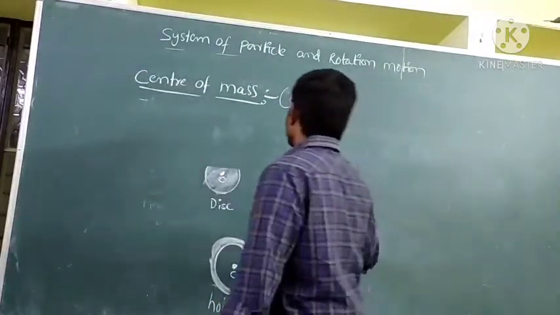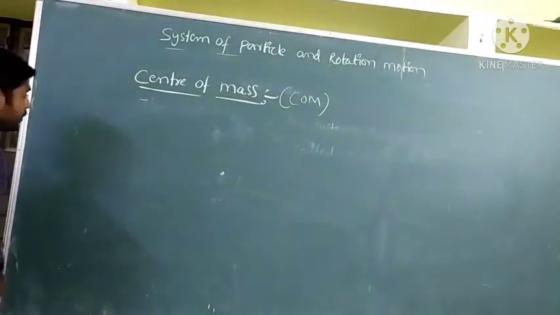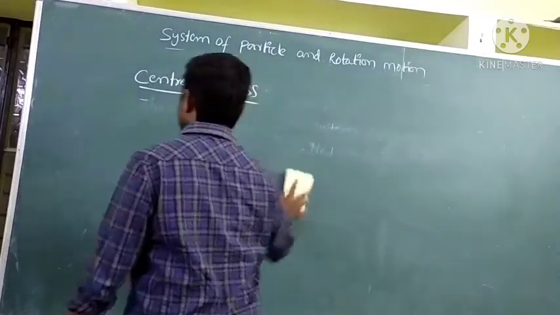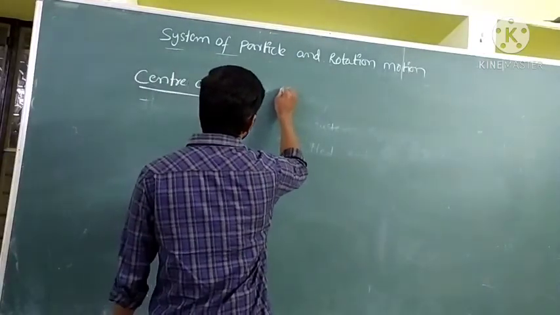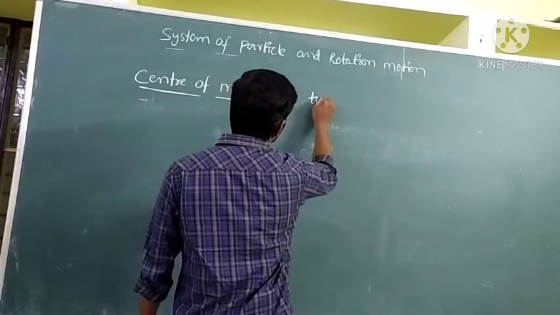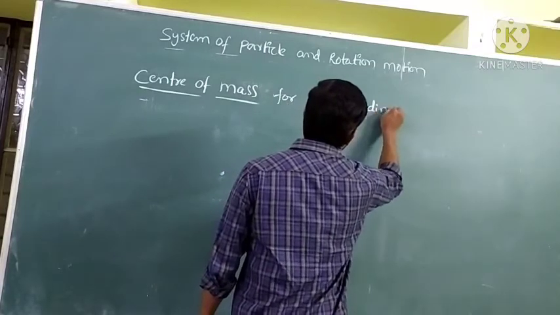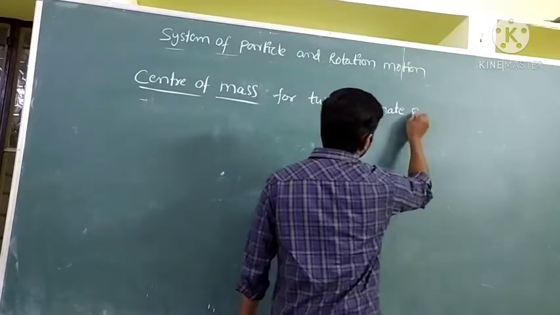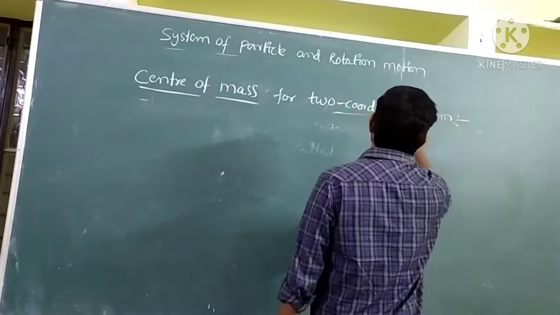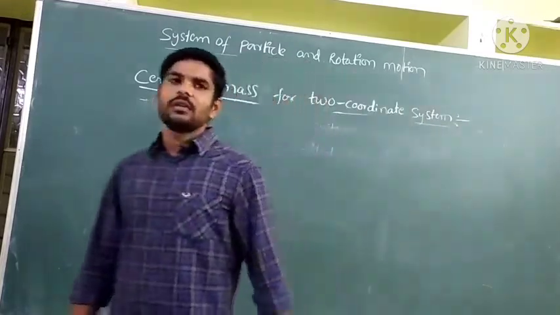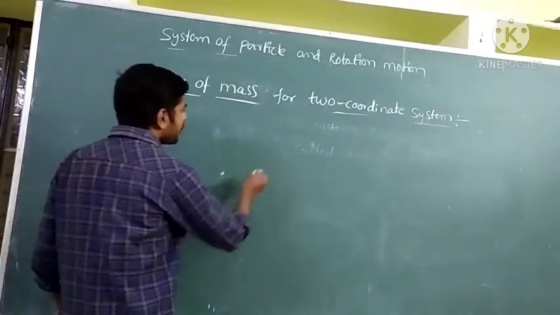We have to develop an equation for center of mass, for a two coordinate system. I am taking the first case for two coordinate systems, which means the xy plane or whatever. Suppose I am taking just one coordinate system.